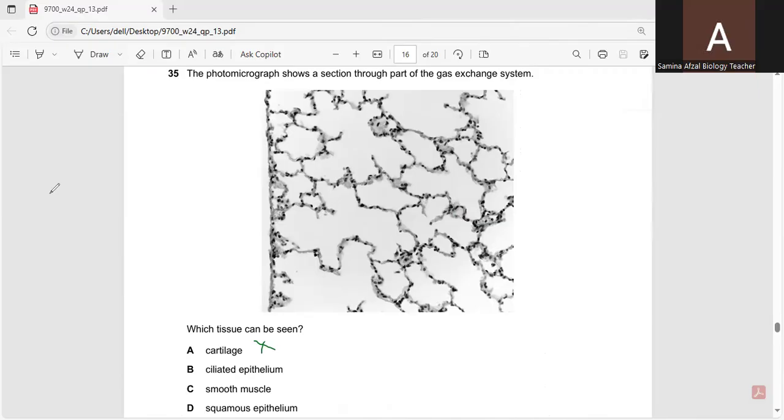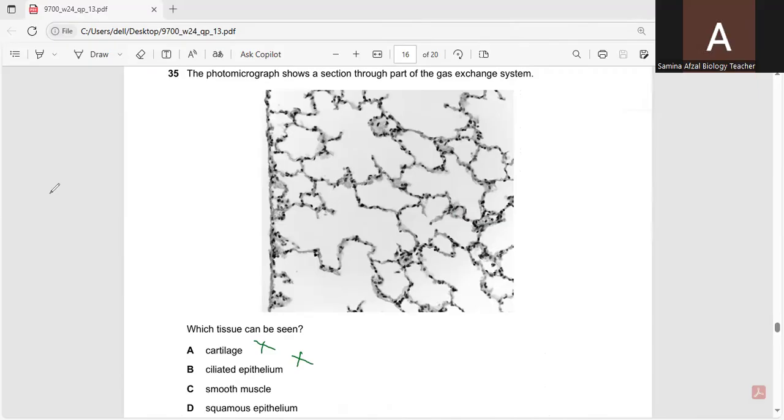Then ciliated epithelium. Ciliated epithelium is present in the trachea and in bronchi. Its function is trapping dust and pathogens, but it is not present in the alveolus because the exchange of gases has to take place there. Then smooth muscles again.